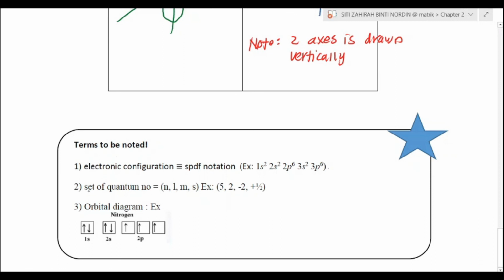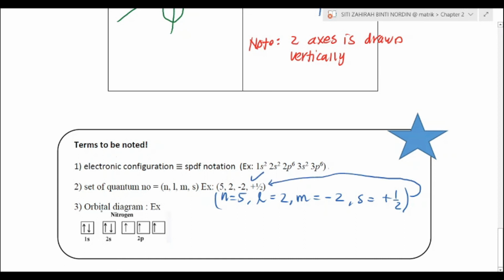And for the set, if the question asks for the set of quantum numbers, you need to write it in the order of n, l, m, s. For example, n equal to 5, l equal to 2, m equal to -2, and s equal to +1/2. This is not your set of quantum numbers yet. You need to write it like this.